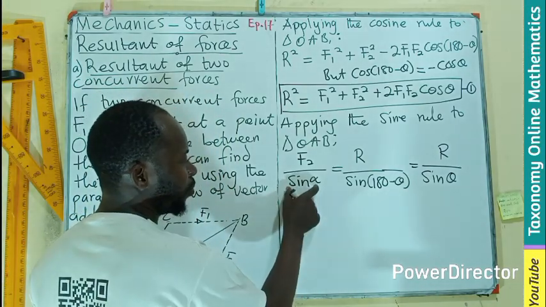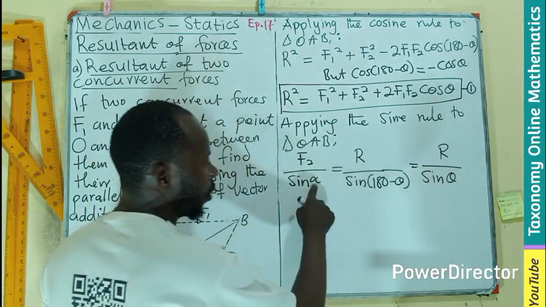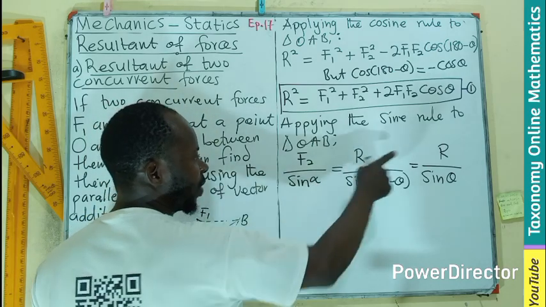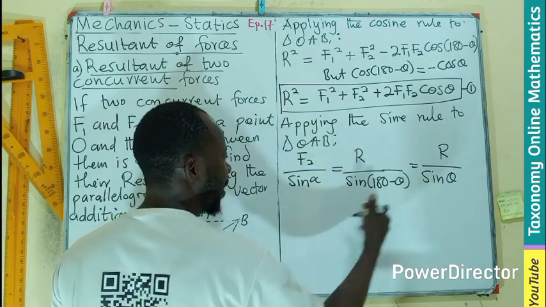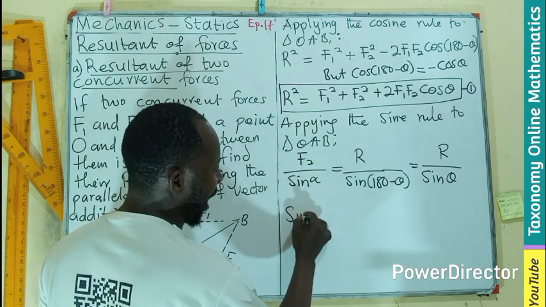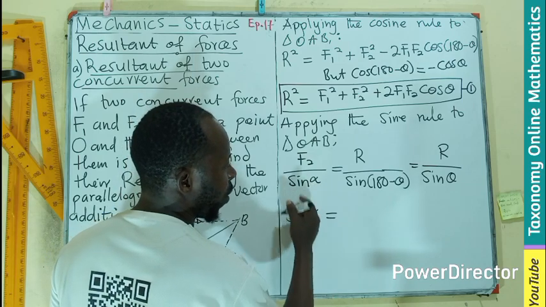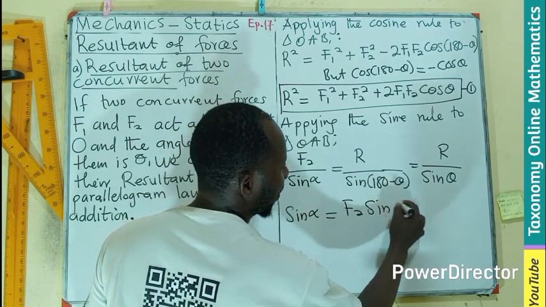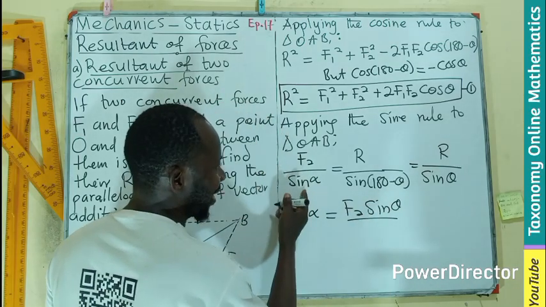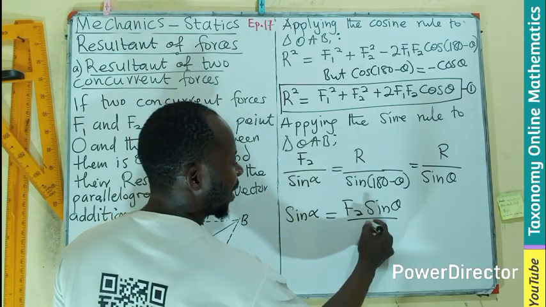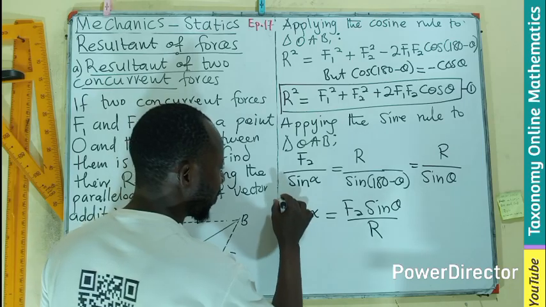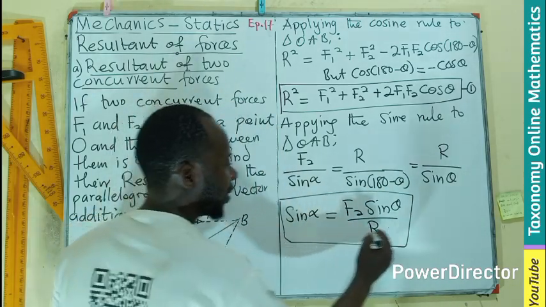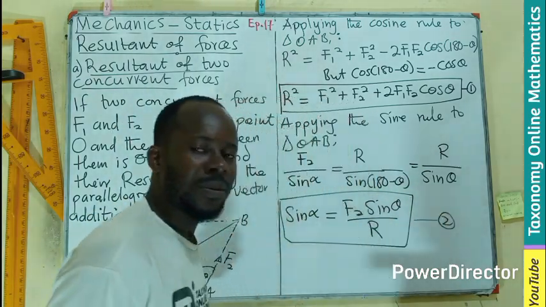So if I am putting this and this together, it means this is multiplying this. That means your sine alpha equals this times that, F2 sine theta, divided by, as this multiplies this, you divide it by that. So that gives us the second formula.